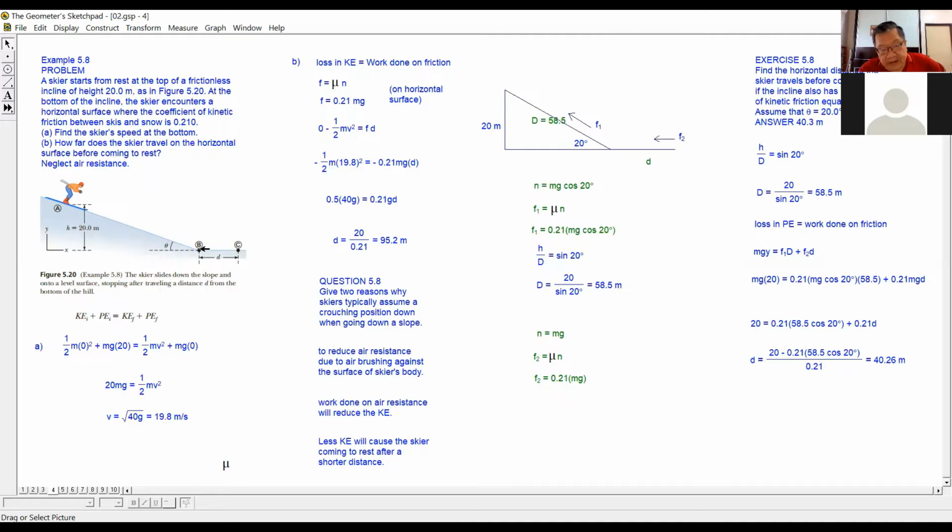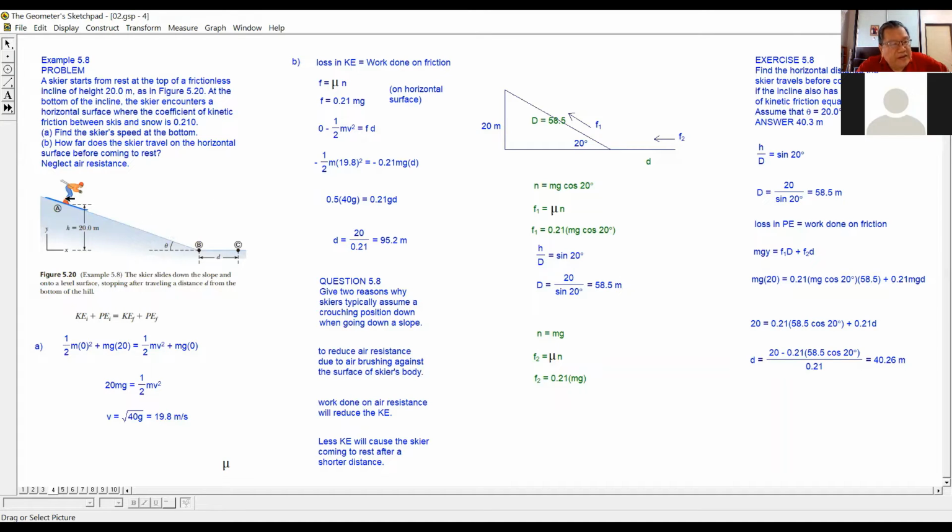But this time, at the horizontal level, the snow has friction and the coefficient of friction is 0.210. So there are two parts. One part, the slope, no friction. Another part, the horizontal distance, there is friction. So we are going to calculate the first part first.